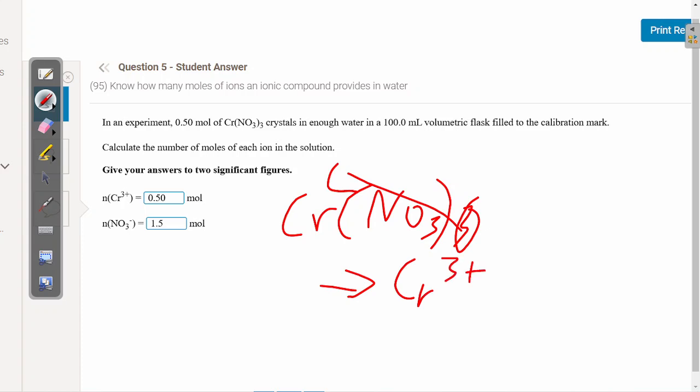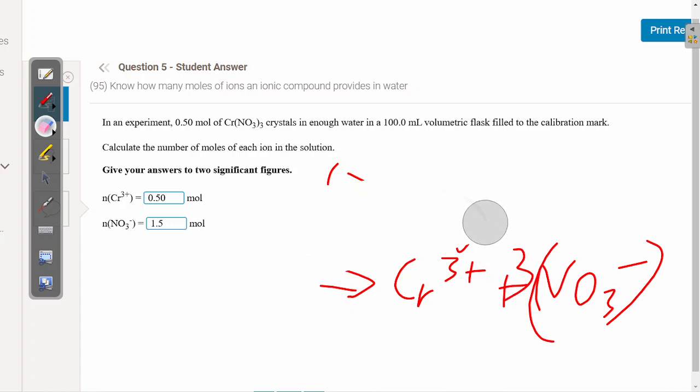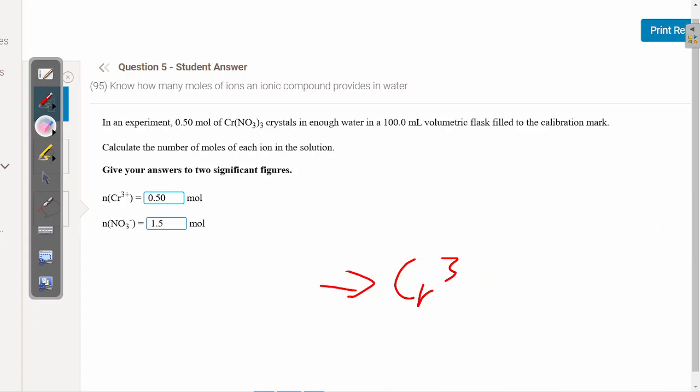Cr3+ and NO3-. To balance the charge, you put a 3 here, and you put a bracket with 3 for all of it. Now you have the balanced equation.